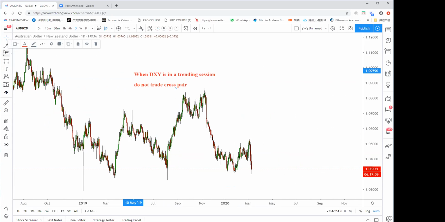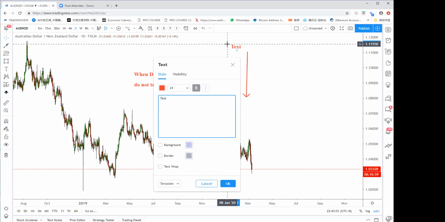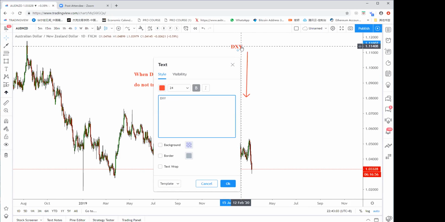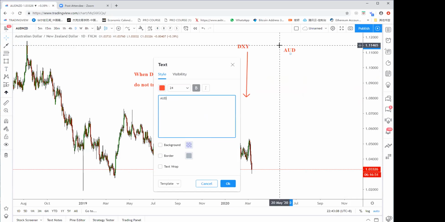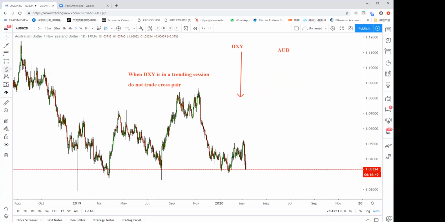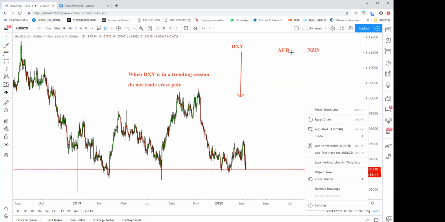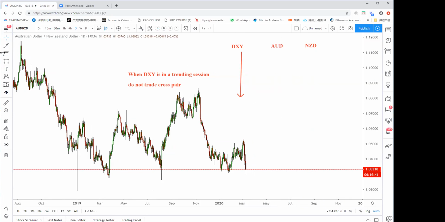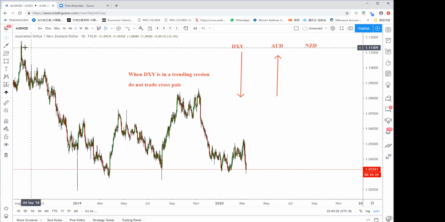The reason is simple: when DXY goes down, what will happen to the Aussie dollar? The Aussie will go up, and the Kiwi will also go up, correct? Am I right to say that? When the dollar is in a trending session going down, the Aussie keeps going up, and the Kiwi also keeps going up.